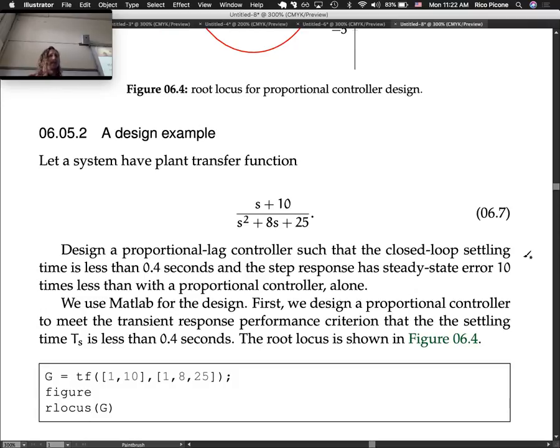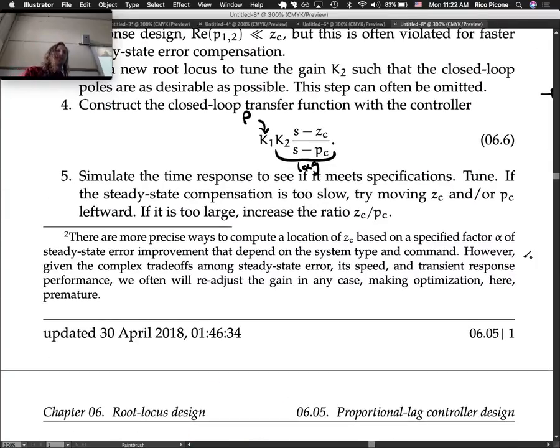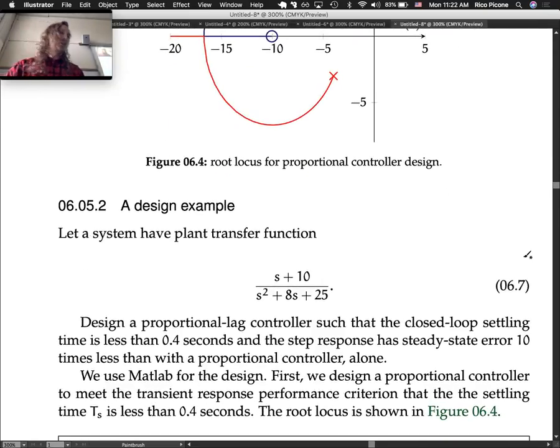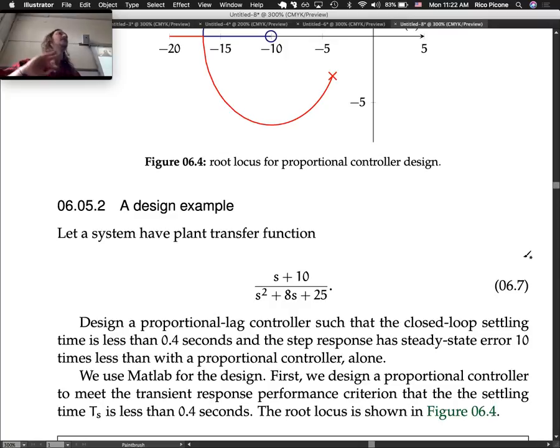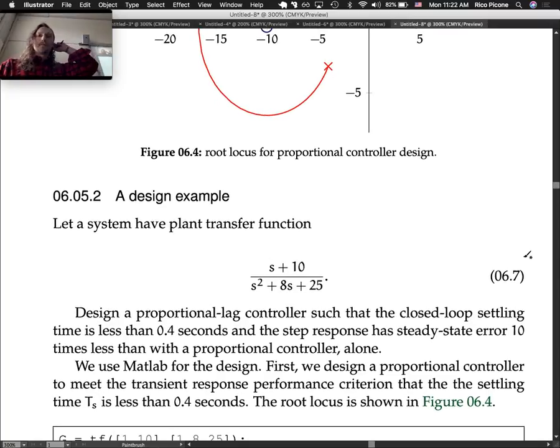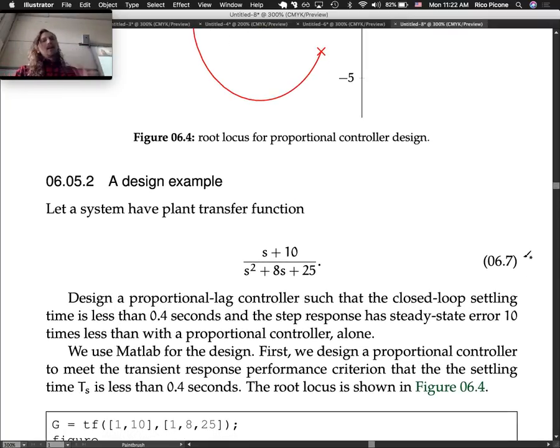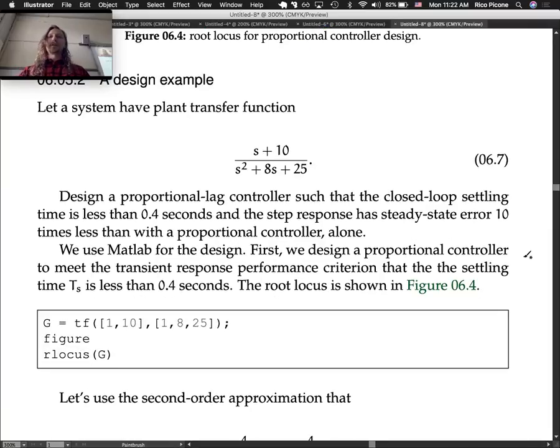A design example. With this design procedure, you just need examples to show you how to do it. Let a system have plant transfer function. It's got a zero at -10, and it's got a complex conjugate pair of poles.